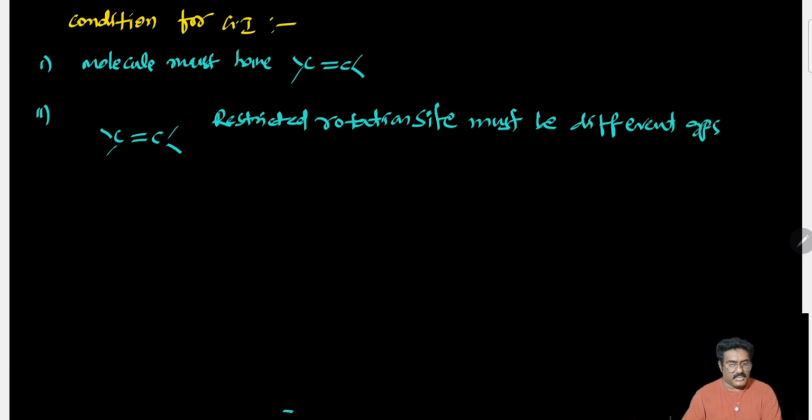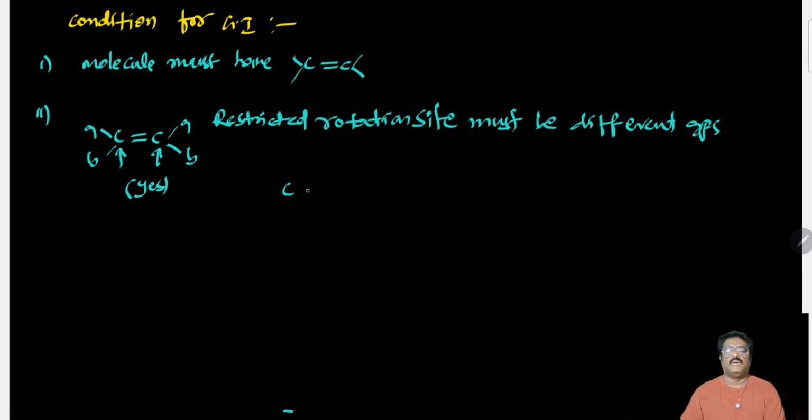Have a look at an example. This carbon has A and B, and this carbon also has A and B. Restricted rotation means each carbon has two different groups. So this can show geometrical isomerism.